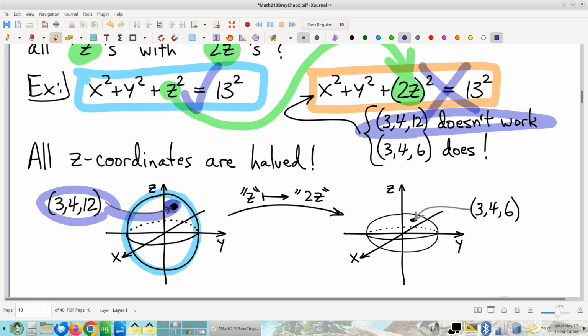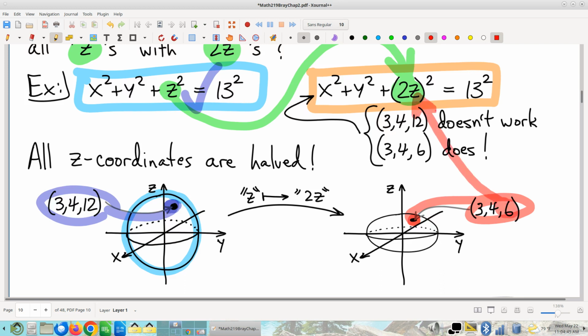Okay. The reason I go down that road of thinking about the silly nonsense is that it kind of suggests a fix. Namely, let's think about this point right here, 3, 4, 6. The point is, this 6 right here goes in for the z, which then gets multiplied by 2 and becomes the 12 that needed to get squared.